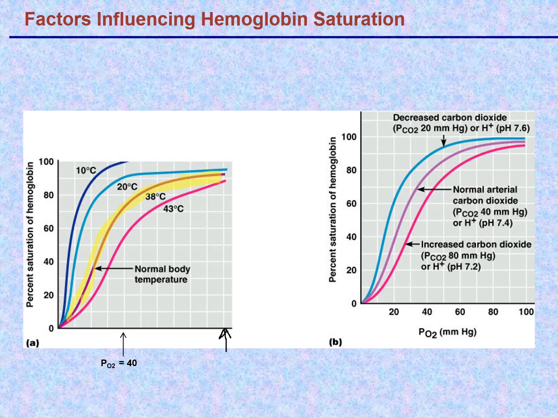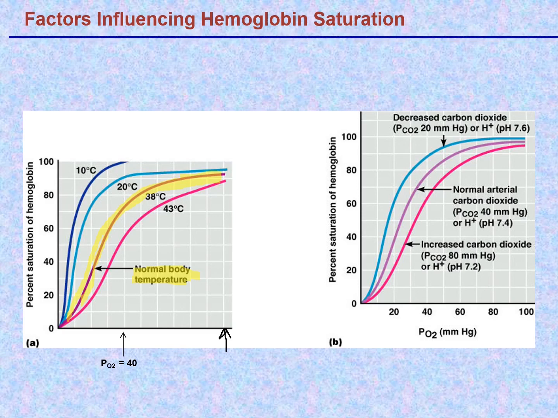Some of these graphs do show it coming up to 100%. I'm not sure why, but that's not the main point of the graph. The main point of the graph is to illustrate the effect of body temperature on saturation in this oxygen hemoglobin saturation curve.